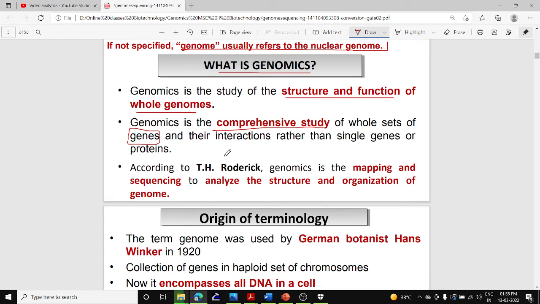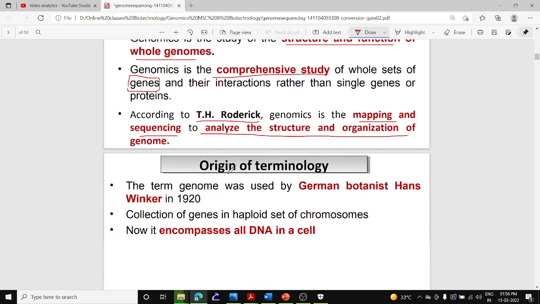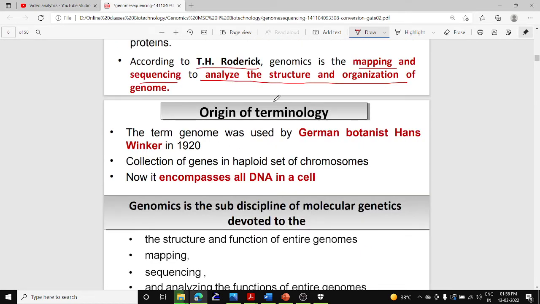So comprehensively, we study how many genes interact with each other and in what way. According to T.H. Roderick, genomics is the mapping and sequencing to analyze the structure and organization of the genome. The term genome was used by German botanist Hans Winkler in 1920.